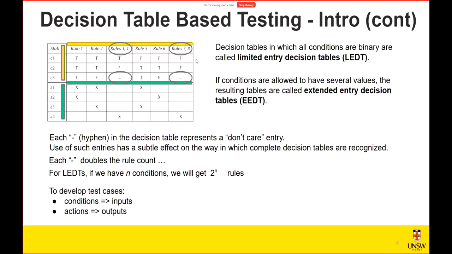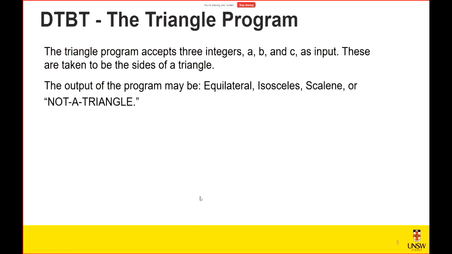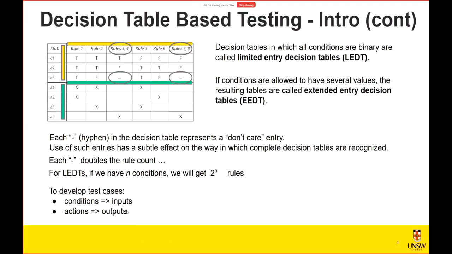And like I just mentioned, according to the definition, this is how we develop test cases according to a given decision table. We just use conditions as inputs and consider the actions as outputs of the program. So in this case, it is still about how we do partitioning for the input and output space.